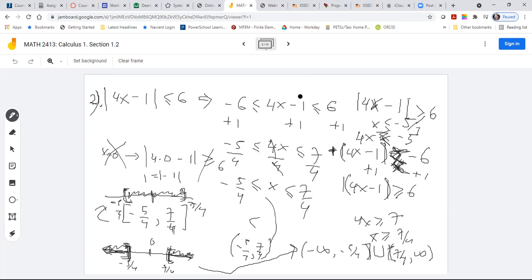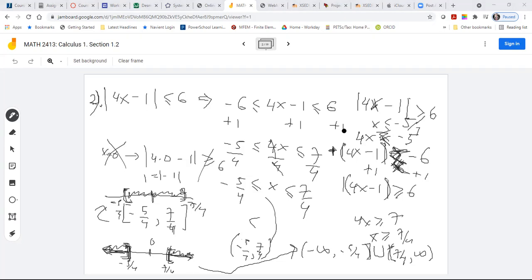To get rid of it, you need to add one, right? And if you add one here, in order to make the inequality equivalent, you also need to add one on the left side, and also add one on the right side. Can you see it? I see what you're doing. So instead of breaking it down into two equations, you just put the -6 and the 6. Okay, I get it. So this is for this kind of problem.